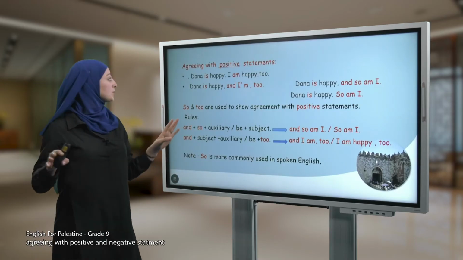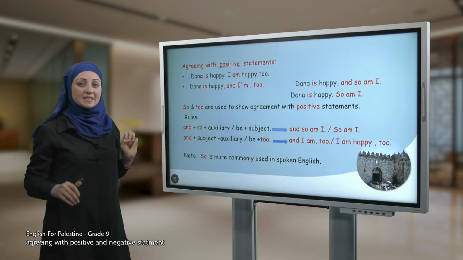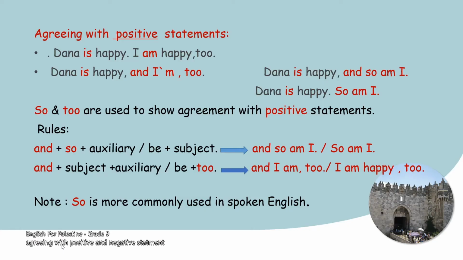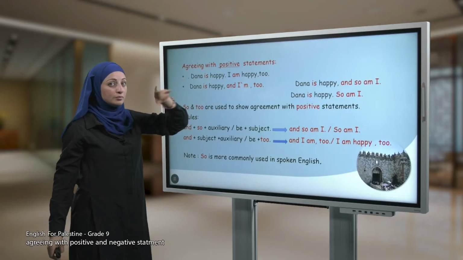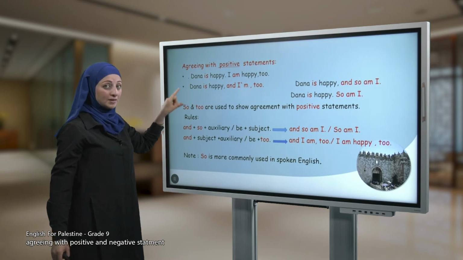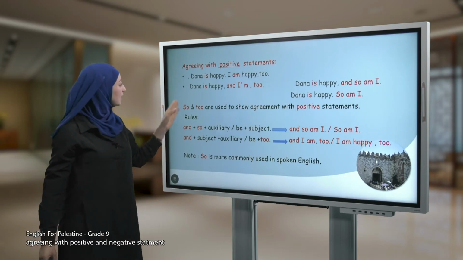Now, let's start talking about agreeing with positive statements. We have an example here. Give me your attention. Number 1, Dana is happy. And I can agree by saying, I am happy too. Be careful. I have the same sentence here, but to avoid repetition, I will use a different structure.